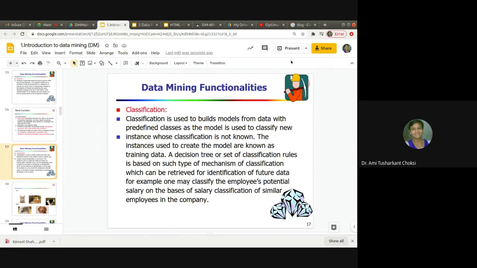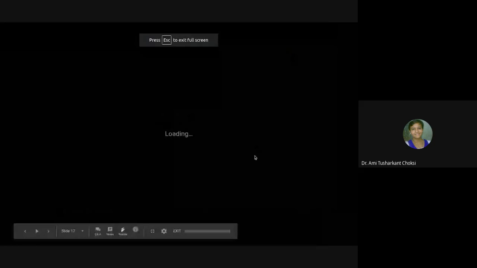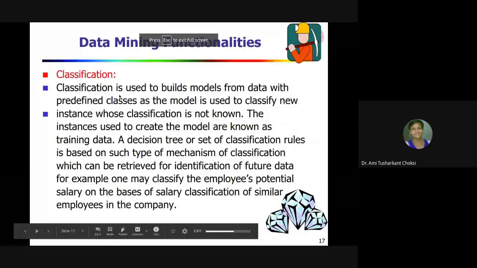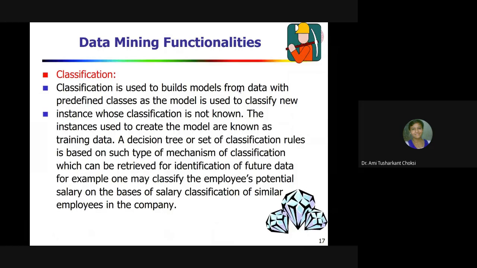So, what do we say? That is the classification. That means the classification is used to build models from the data with predefined classes. I have given you the example wherein we are having the predefined classes. They are the cat and dog. Fine.